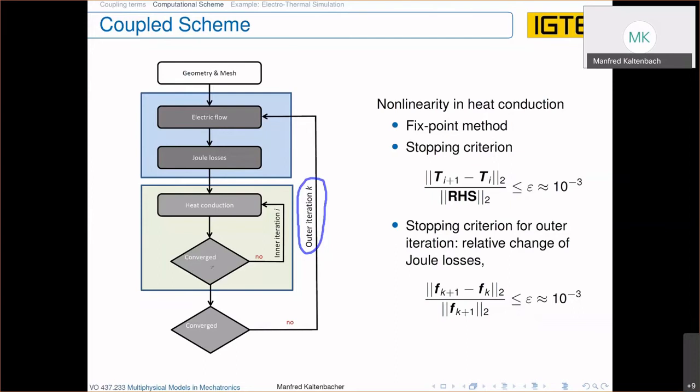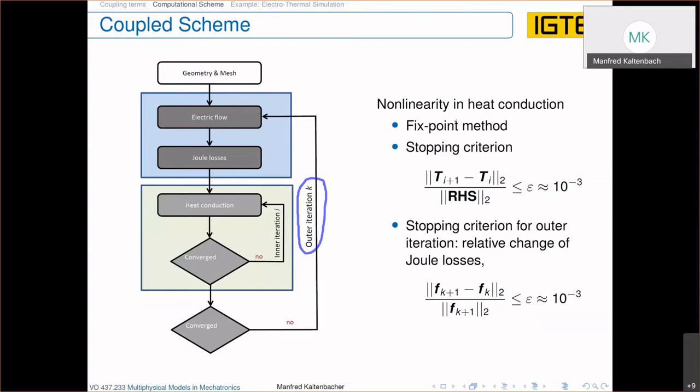If you converge, so from one time step to the next time step, it is accurate enough so the temperature does not really change, then we check the outer convergence, the iteration between our heat conduction and the electric flow equation. And here you can see the nonlinearity in the heat conduction is mainly done by a fixed point method.